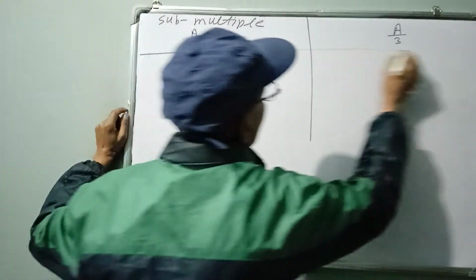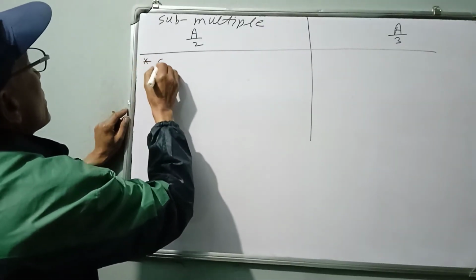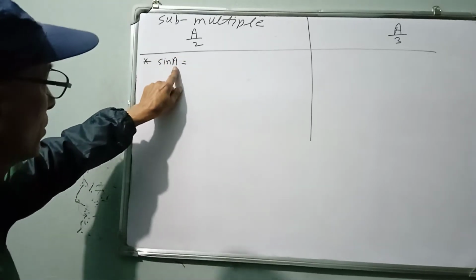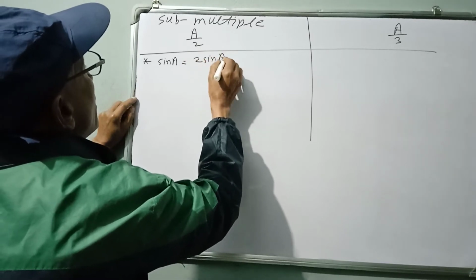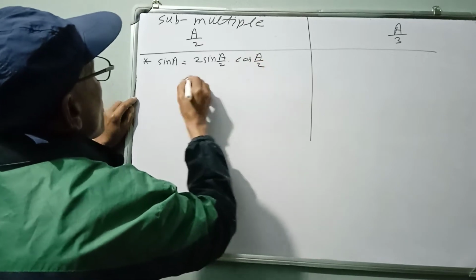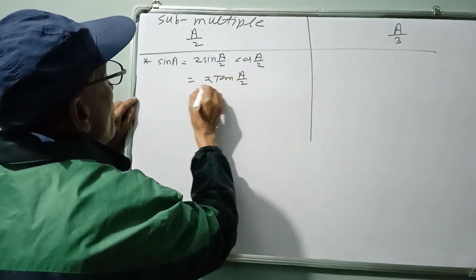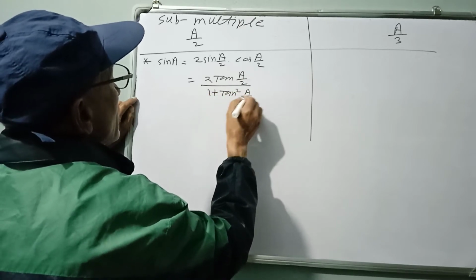For A by 2, the formula is the same formula. See, sine A is the bigger angle, that sub multiple angle, 2 sine A by 2 cos A by 2, or 2 tan A by 2 upon 1 plus tan square A by 2.